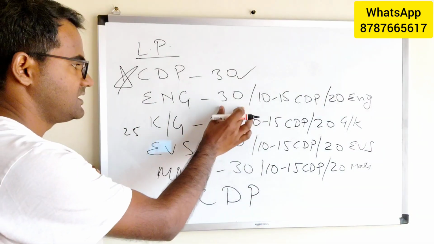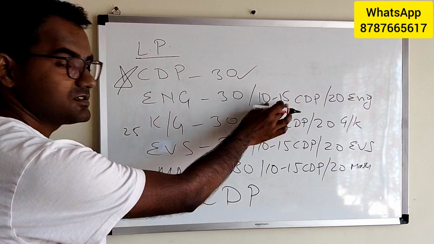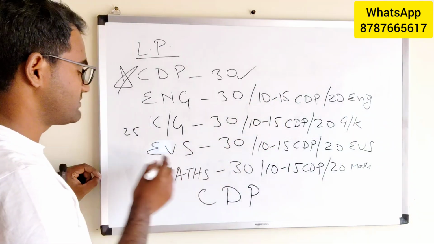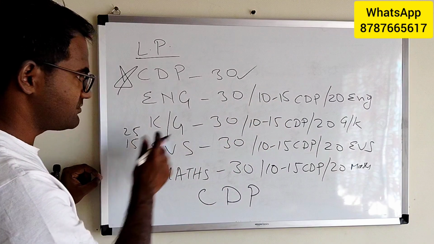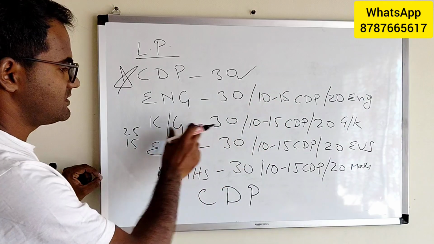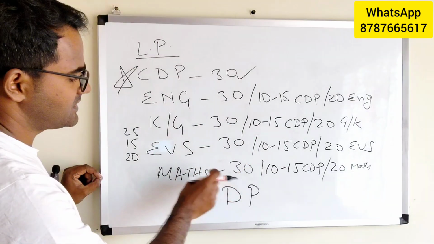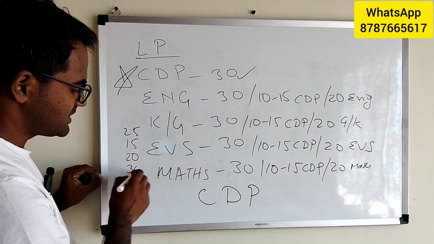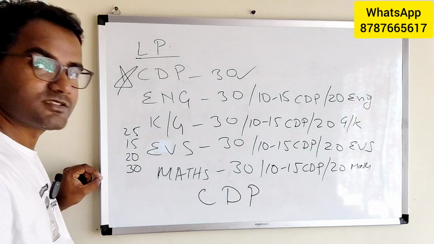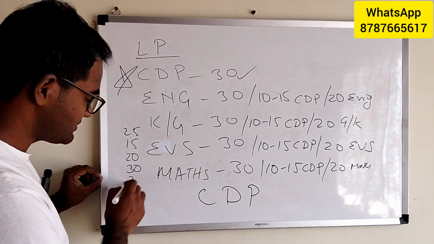Then in English, suppose you solve the CDP ones, so you are getting 15 there minimum. Then in Khasi and Garo, you're getting 20. Then in environmental science, suppose you are getting 30. Then in maths, minimum you'll get 20, all right?